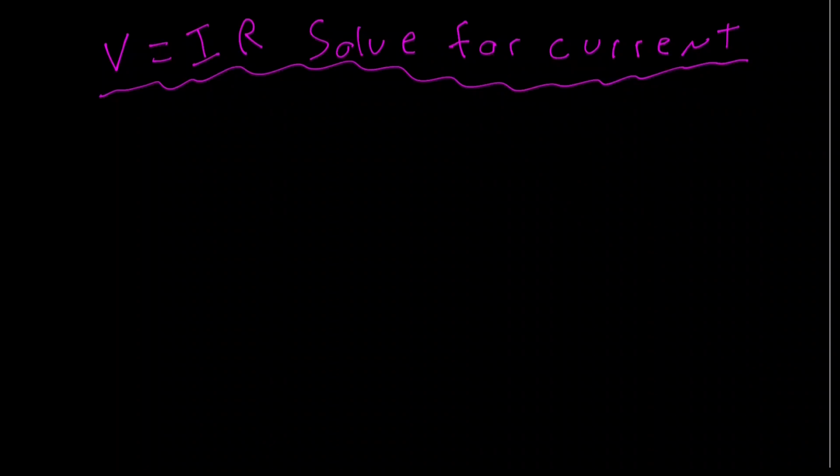Okay, this is going to be example number 2. So using Ohm's law again, but this time instead of voltage, we're going to want to solve for current. So remember what we did before. We just modified the same equation and we rewrote it for current. So as we know, current is going to be equal to the voltage divided by the resistance. So this time, let's say we have a voltage of 12 volts.